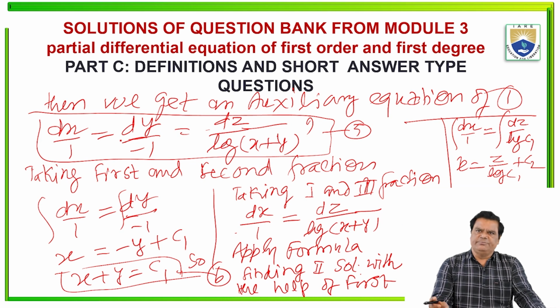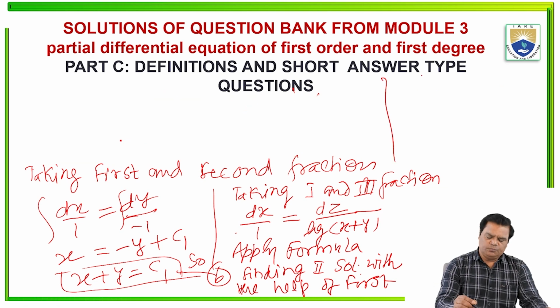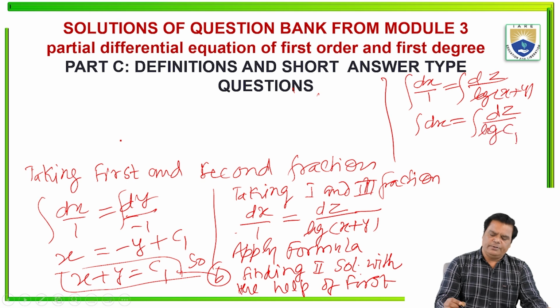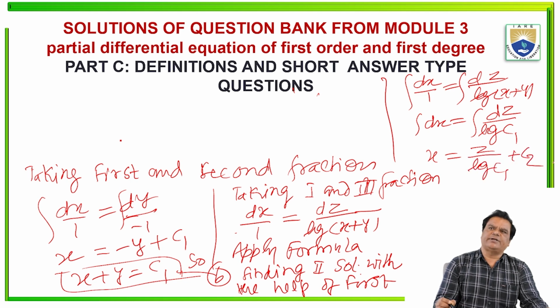Putting the value here of c1. Now here solution 1, dx upon 1 equal to dz upon log x plus y. Integrating on both sides. So c1 is a constant. Here x equal to z upon log c1 plus c2, another constant.